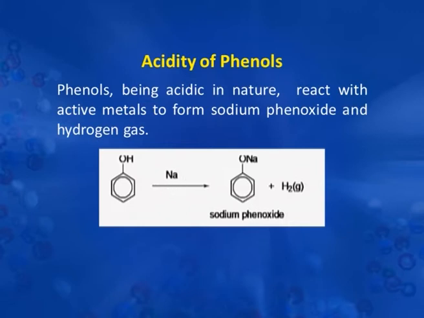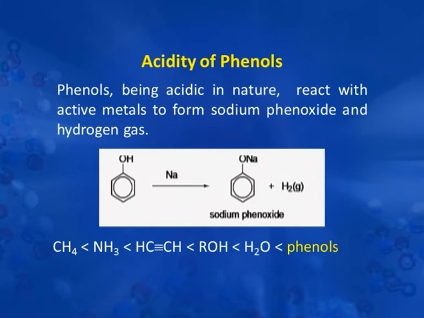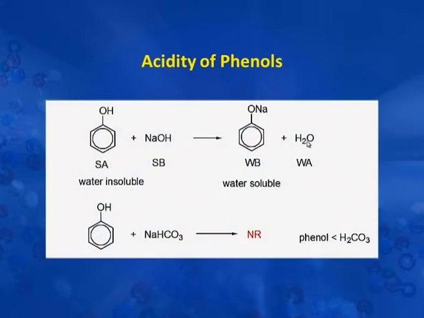Now, in this acidity order, you can see the phenol molecule has higher acidity compared to alcohol, acetylene and methane molecules, whereas it is less acidic than carbonic acid and carboxylic acid. This acidity order is helpful to decide whether a reaction is possible or not. Like for example, here when phenol reacts with sodium hydroxide, it forms water which is less acidic, that is why the reaction is possible.